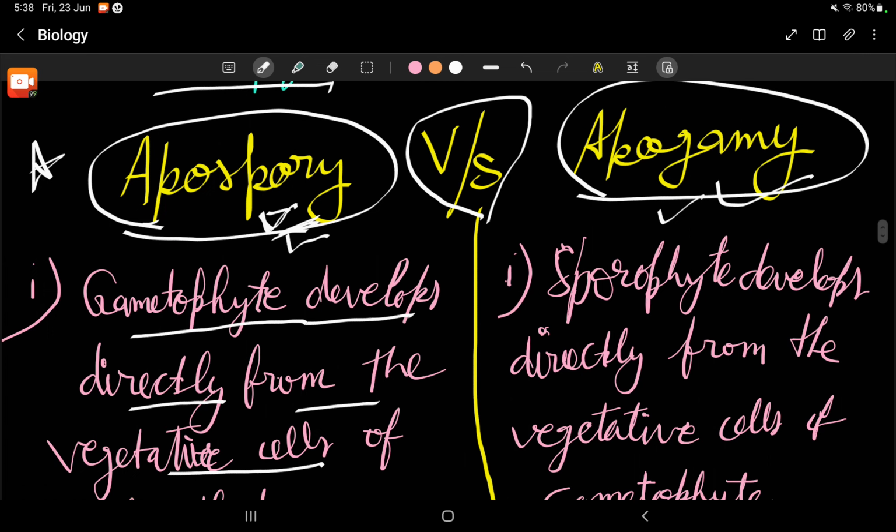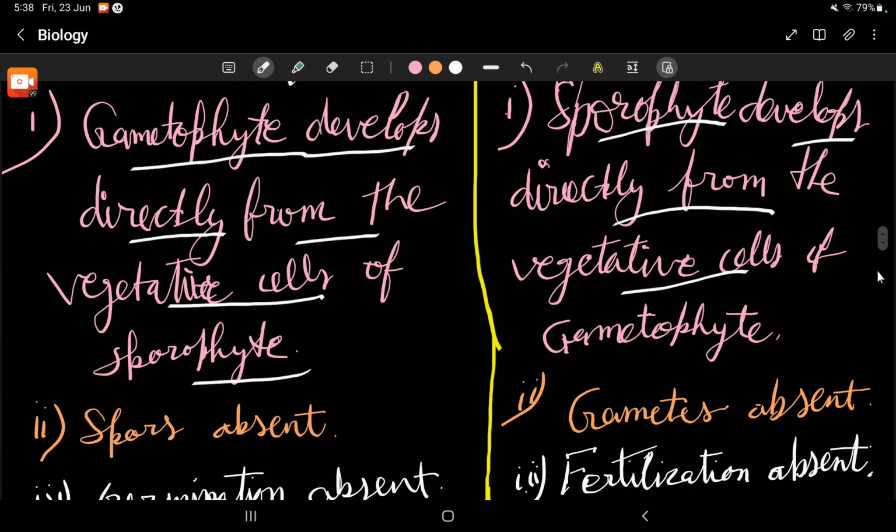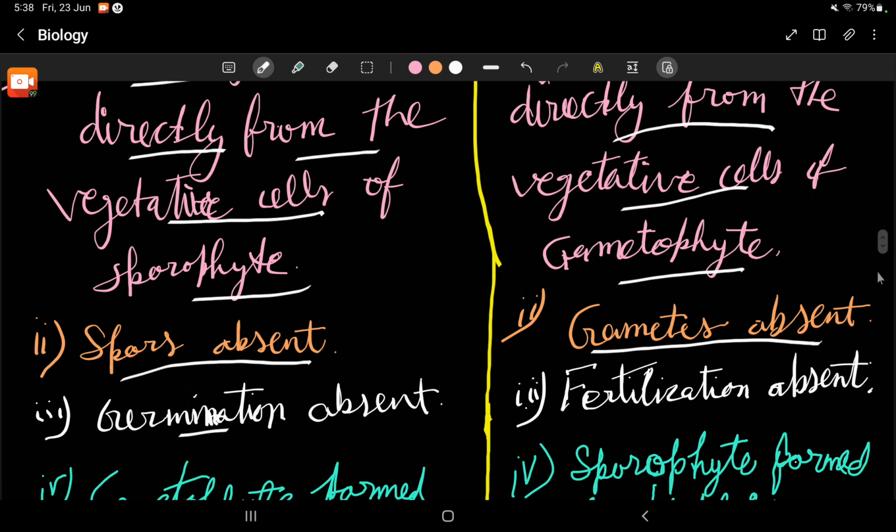Apogamy means the sporophyte develops directly from the vegetative cells of the gametophyte. Here spores are absent, germination of spores is absent, gametes are absent, and there is no fertilization or fusion.